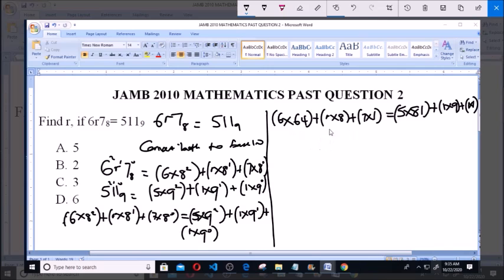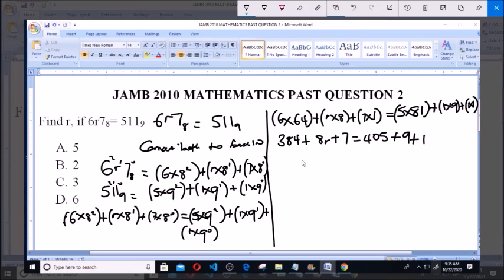So from this, 6 multiplied by 64 will give us 384, plus 8R plus 7 is equal to 5 multiplied by 81, which gives us 405, plus 9, that's 1 times 9, then plus 1, 1 times 1.